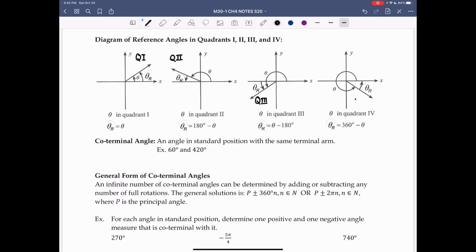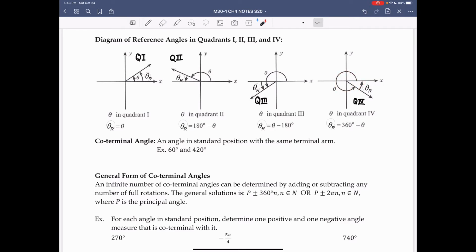And last one, this is in quadrant 4. And to calculate theta r in quadrant 4, we start with a full rotation, 360 or 2 pi, and we subtract our principal angle, and then we're left with our reference angle, theta r.